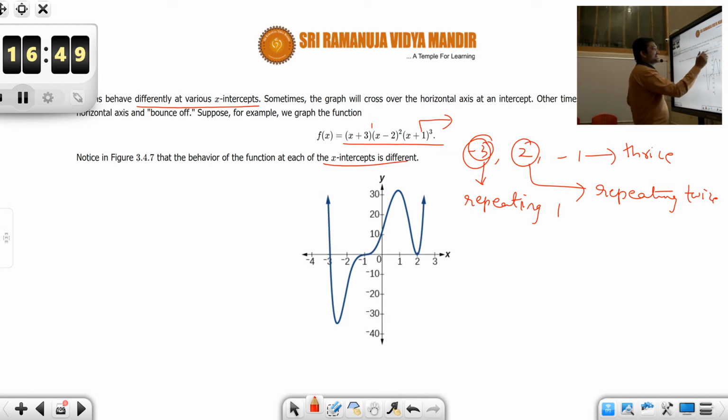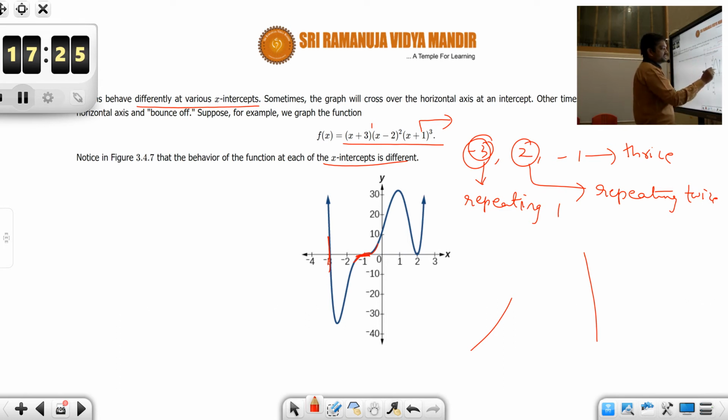At x equal to minus 3, the graph is simply crossing like a straight line. Whereas at x equal to minus 1, here also it is crossing the x-axis, but it is crossing with a flatness.